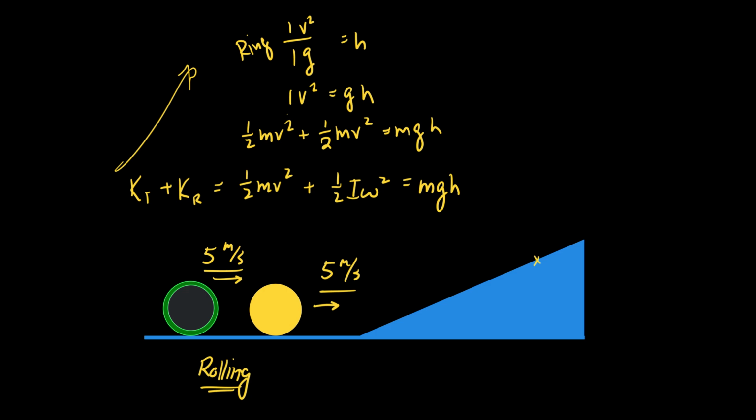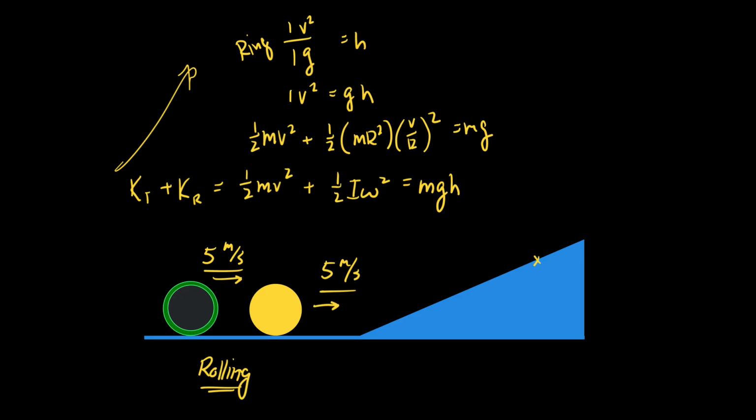All right, a few of you don't believe me, so let's do what we did in the reverse. 1/2 mv squared plus 1/2 mr squared times v over r squared, which gives you 1/2 plus 1/2, which gives you 1.